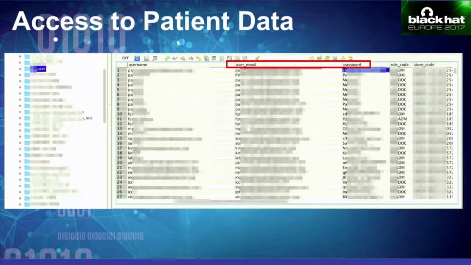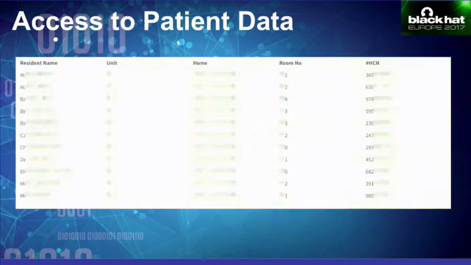Another interesting table that we came across contained the login for the portal itself. It stored the username, the email, the password in plain text, and then role code, which basically tells you if you're a doctor, a manufacturer, a patient, a pharmacist, etc. So we pulled out some of the credentials for the manufacturers themselves and then used that to log on to the portal.